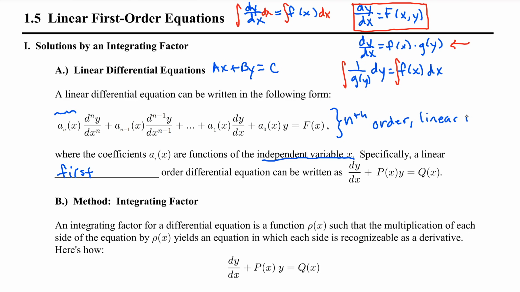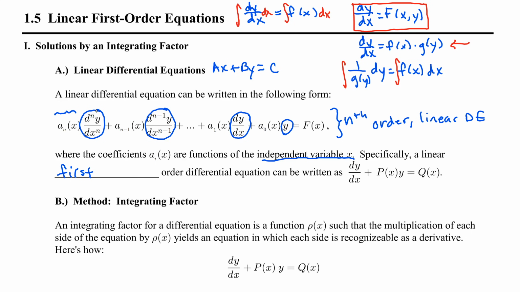It is linear in the dependent variable and its derivatives. So I notice here, my dependent variable is y. Here is the first derivative of y with respect to independent variable x. And working our way back up, we have the n minus first derivative up to the nth derivative of y with respect to x. This differential equation is linear in the dependent variable y and its derivatives.